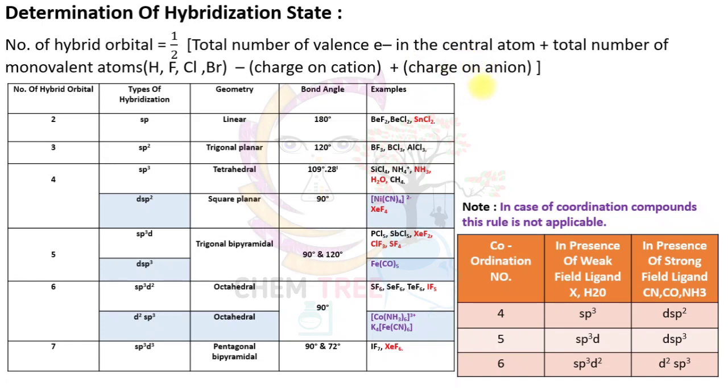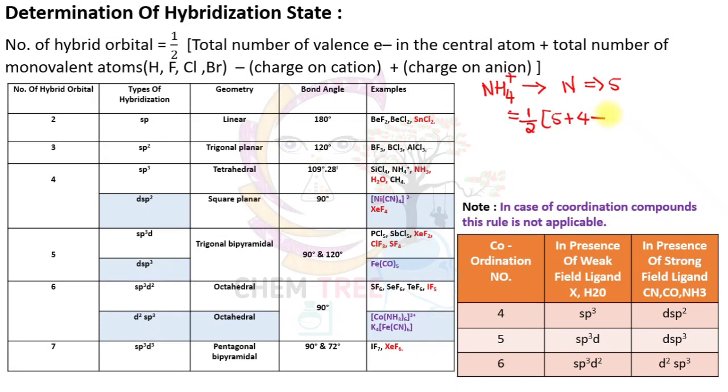I will take one example, that is the ammonium ion NH4+. In this molecule, nitrogen is the central atom. It contains a total of 5 valence electrons. When we apply this rule, the number of hybrid orbitals is equal to half multiplied by total valence electrons plus monovalent atoms, which are 4, and it contains a positive charge, therefore we apply the negative sign.